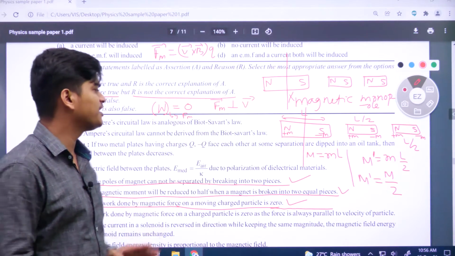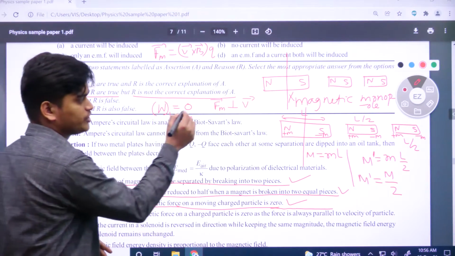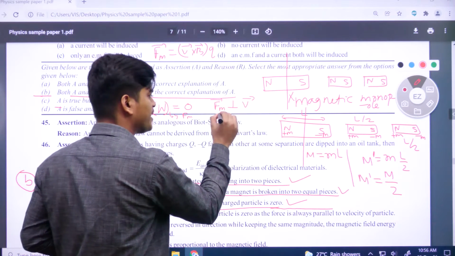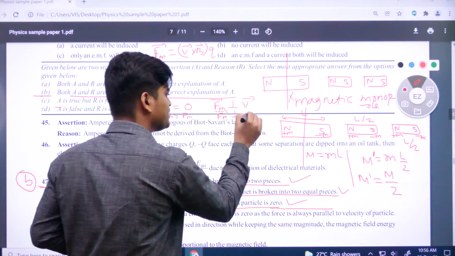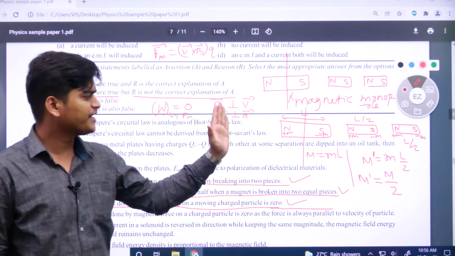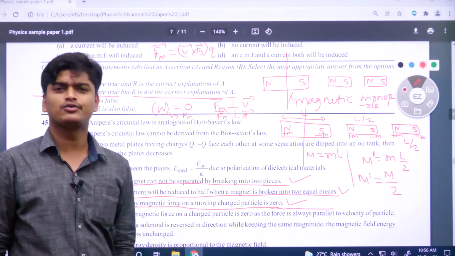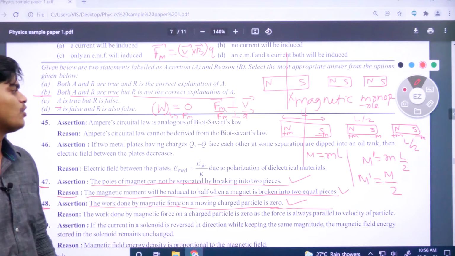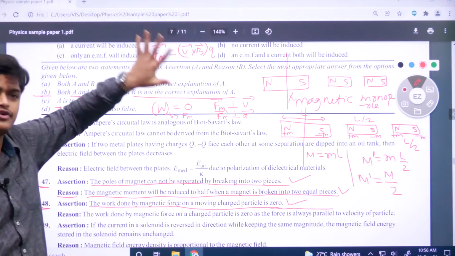Force into displacement is work. If force and displacement vector are perpendicular to each other, then the work done is 0. So that's why the work done by magnetic force is 0.